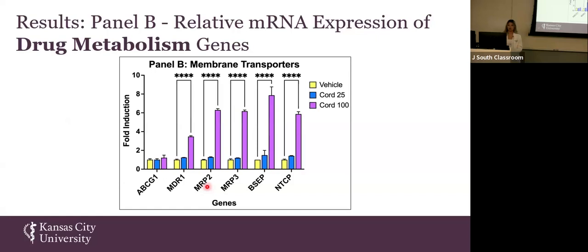So these cells are treated with cordyceps, and we're trying to see the effects cordyceps has on colon cancer cells. And based off of that, we could maybe move forward to seeing how these proteins interact with each other in order to maybe develop future drugs.